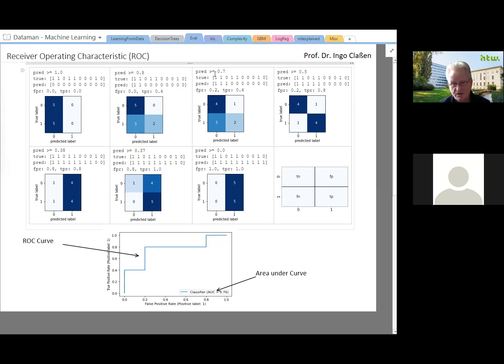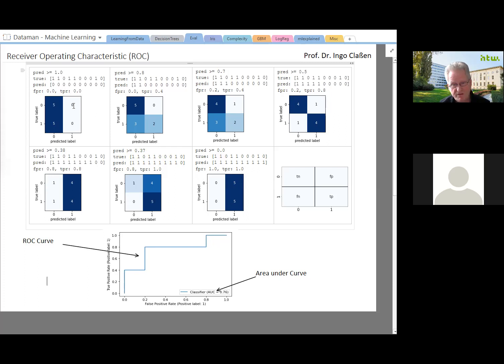As I go along here, my threshold will be lower and lower, and I get different false positive rates and true positive rates. The last one, for example, gets me a false positive rate of 1 and a true positive rate also of 1.